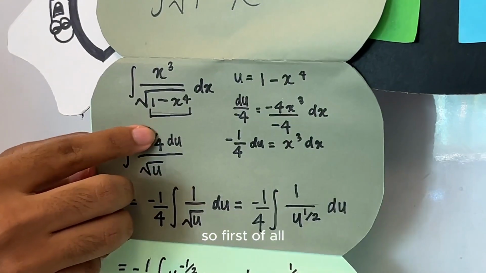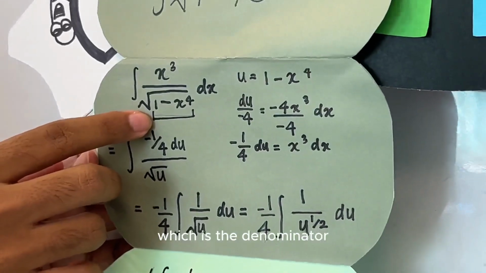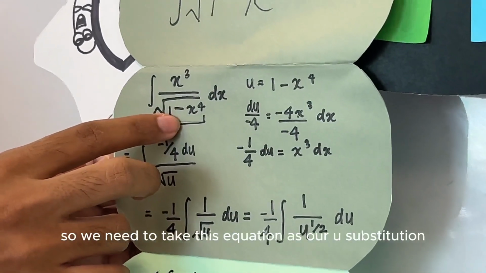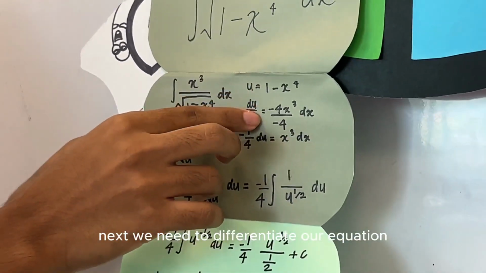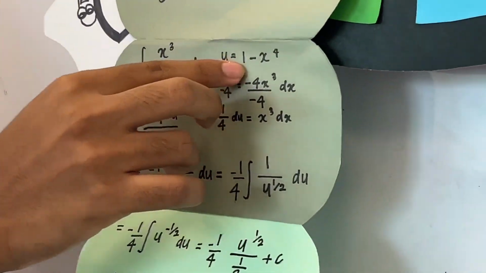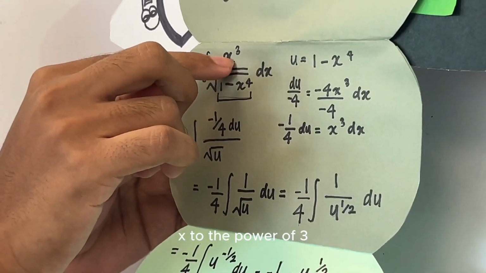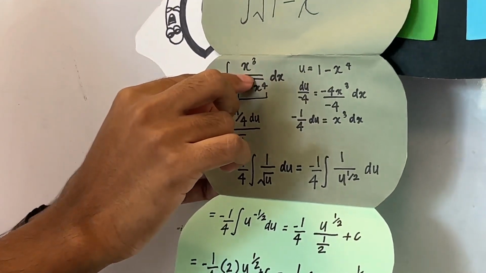So, first of all, we need to determine our U substitution, which is the denominator. So, we need to take this expression as our U substitution. Next, we need to differentiate our equation to make it similar to this x to the power of 3, so we can substitute the value.